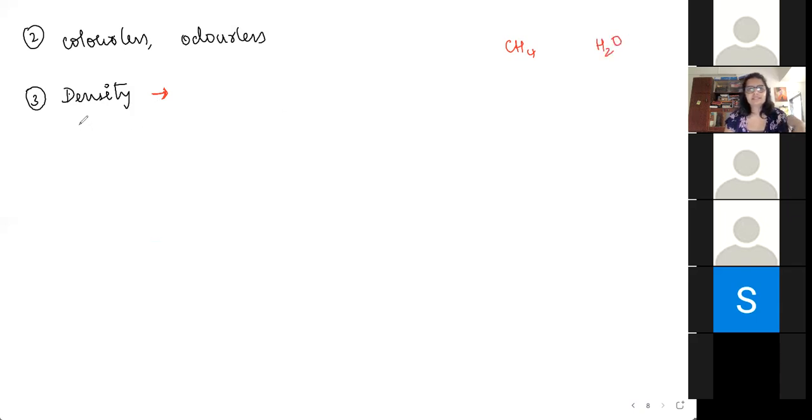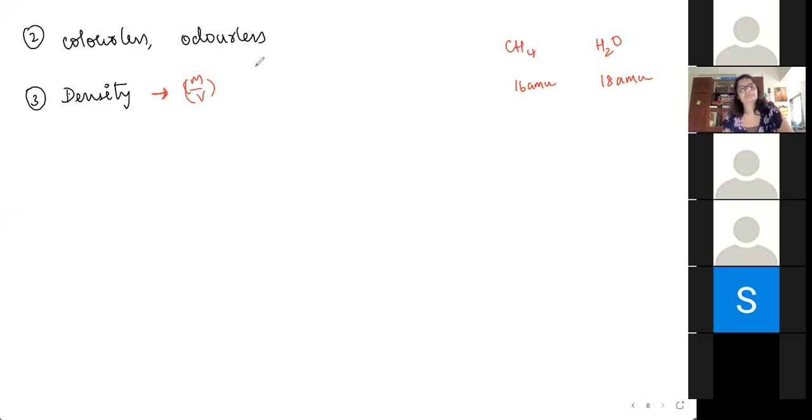So density is mass by volume, right? If you compare, what is the mass of CH4? 16. And water? 18. So if you look at this and look at the ratio, which will be heavier, which will be lighter?